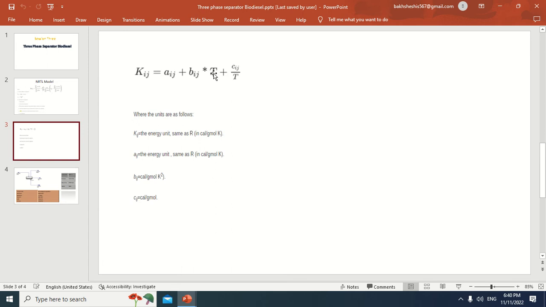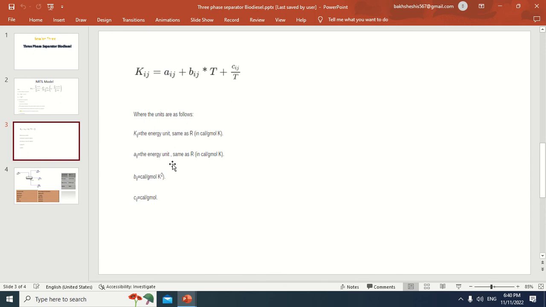This is the formula: Kij equals Aij plus Bij T and the other terms, where the units are as follows. Kij, the energy unit same as R, calorie per gram mole Kelvin.